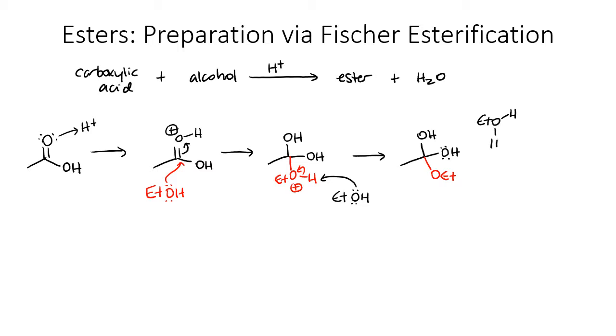So the ethanol that just removed the extra H is now positively charged, so it's going to act as a proton source. And what we're doing is we're turning one of these hydroxyl groups into a good leaving group.